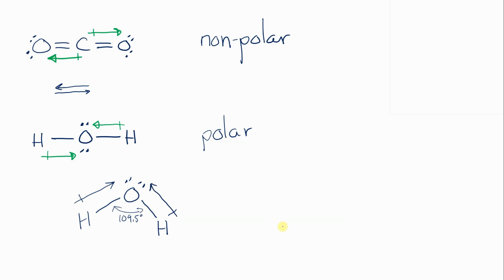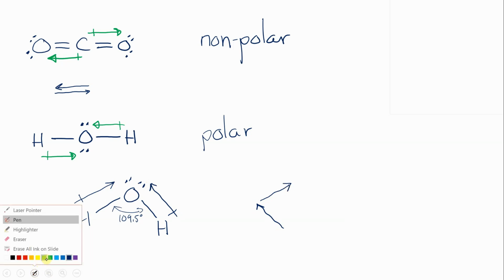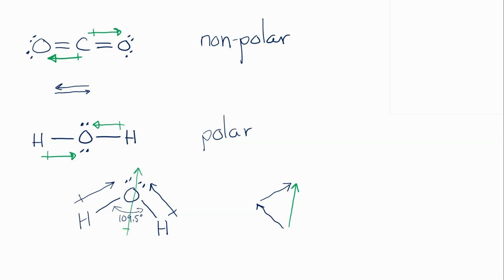But when I take these two bonds, one pointing up this way and the other coming this way, and add the two vectors together head to tail like that, there is an overall molecular dipole. That dipole runs from between the hydrogens up through the oxygen towards the lone pairs. The oxygen lone pairs have partial negative charges, and the hydrogens will have that partial positive charge.